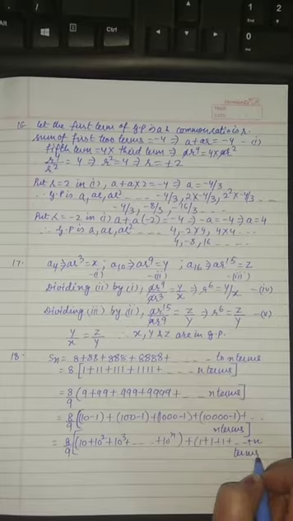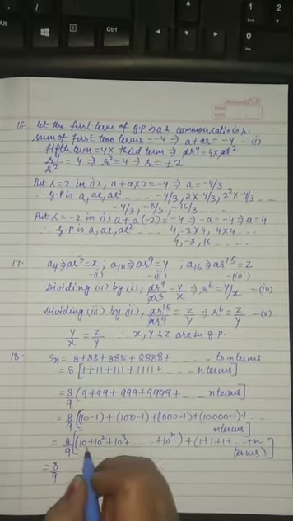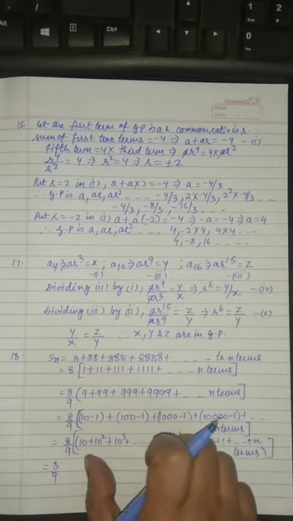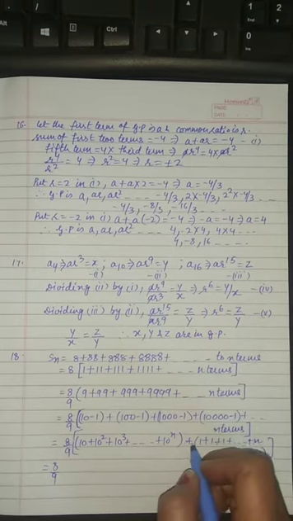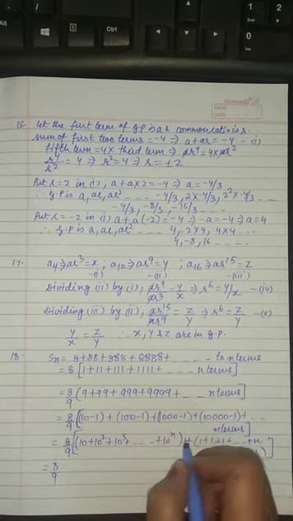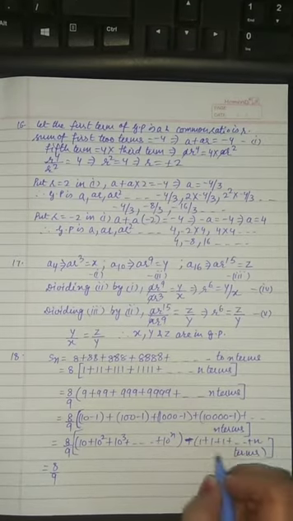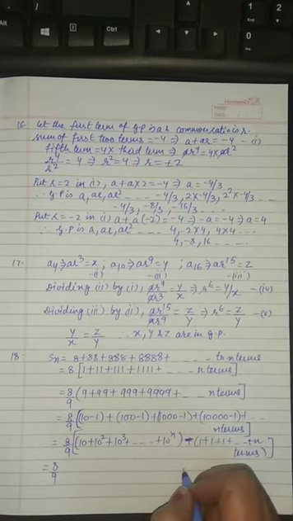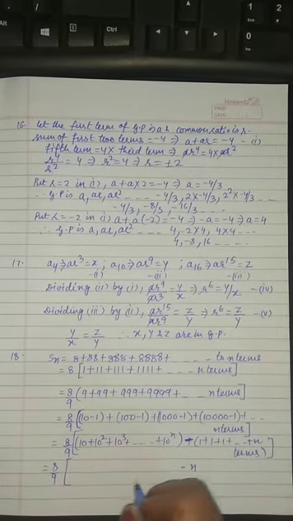Now 8 by 9. Now this first series is forming a GP, and we have -1, so outside the bracket it will be minus. So up to n terms will become minus n. And here we are using the formula of sum of GP.